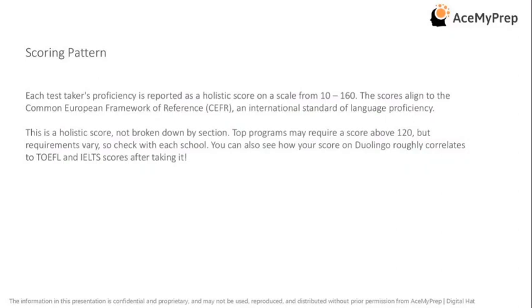Or if you're having any difficulty, you can reach out to us, and we'll help you with that. But you have to understand what score you need to get, and that is how you will plan out your study. Later in this lecture, we will also correlate the IELTS score with the Duolingo score, as well as the TOEFL score with the Duolingo score.